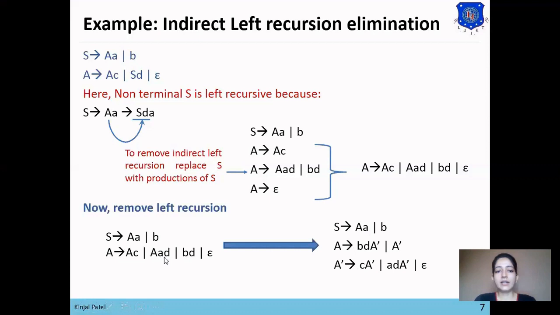In the second alternative, the remaining part is AD. So we will select AD and A dash to cause recursion, or null, because BD and null have already been generated in the first level. So now we will write null. So in this example, we have first removed indirect left recursion from the grammar, then we have removed immediate left recursion from the grammar.